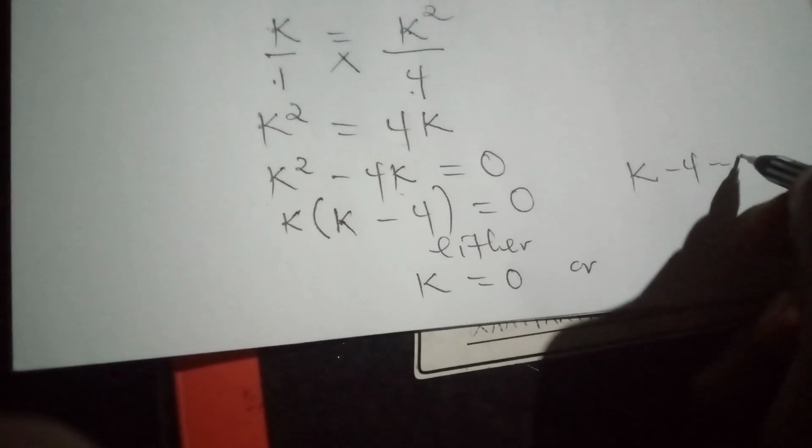So there you're remaining with what? k - 4 is equal to 0. So either k is equal to 0 or k - 4 is equal to 0, which is k is equal to 4.